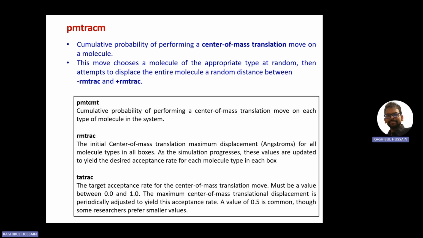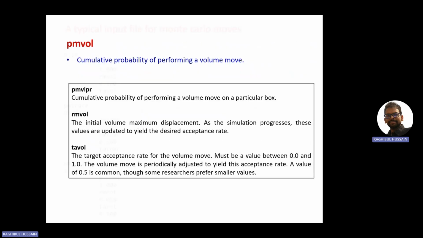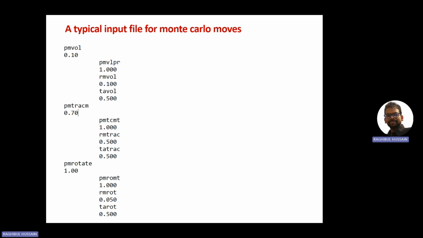We have already discussed that if the acceptance rate is high, this number will be changed during the course of the simulation. So in each simulation, you do not have to change this number. This will be constant, whatever simulation you are doing. This is the maximum volume delta V max, right?